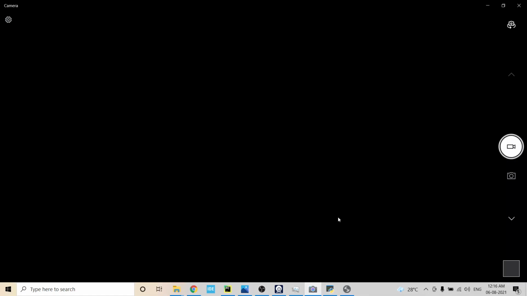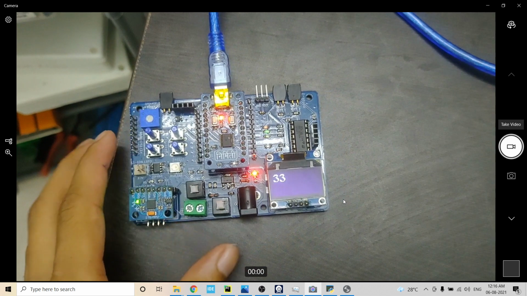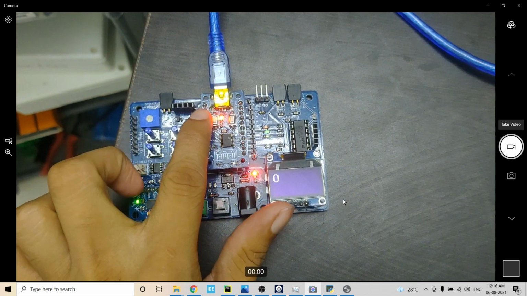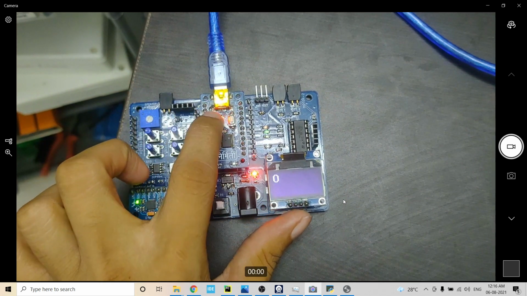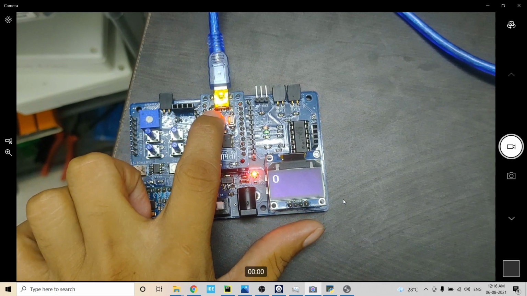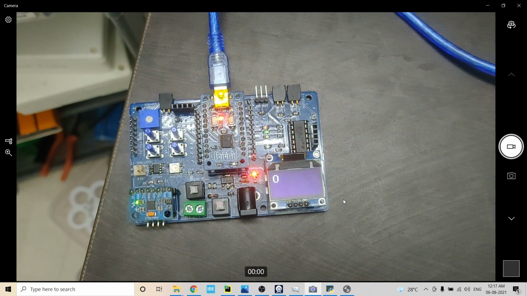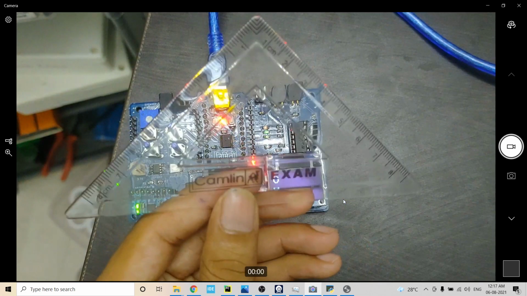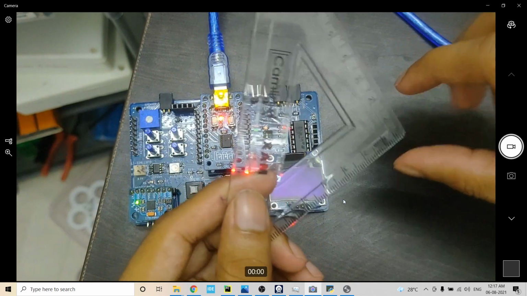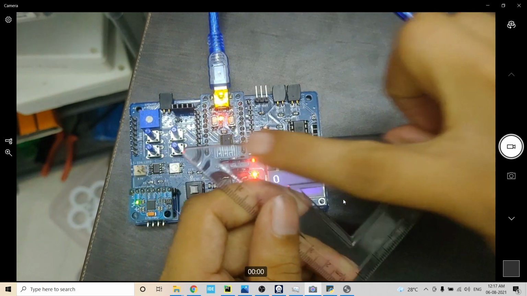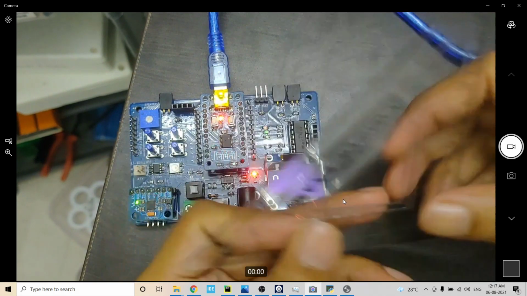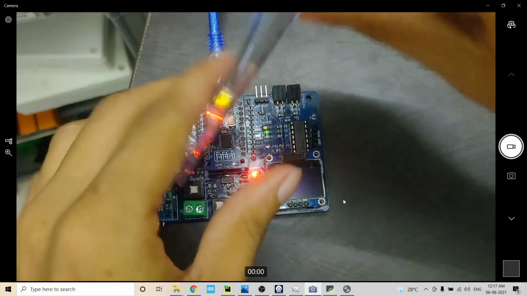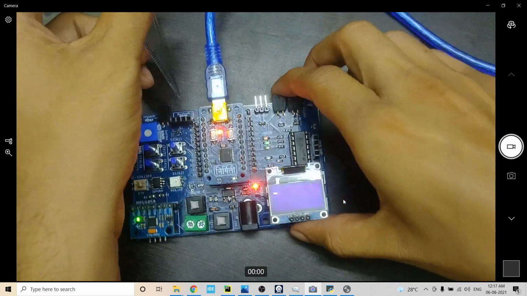Now we will open the camera. First of all, you need to press the reset button and release. Now you all know that this is the set square. One angle is 90 and two angles are 45 degree. Now we will check whether it's showing 45 or not.